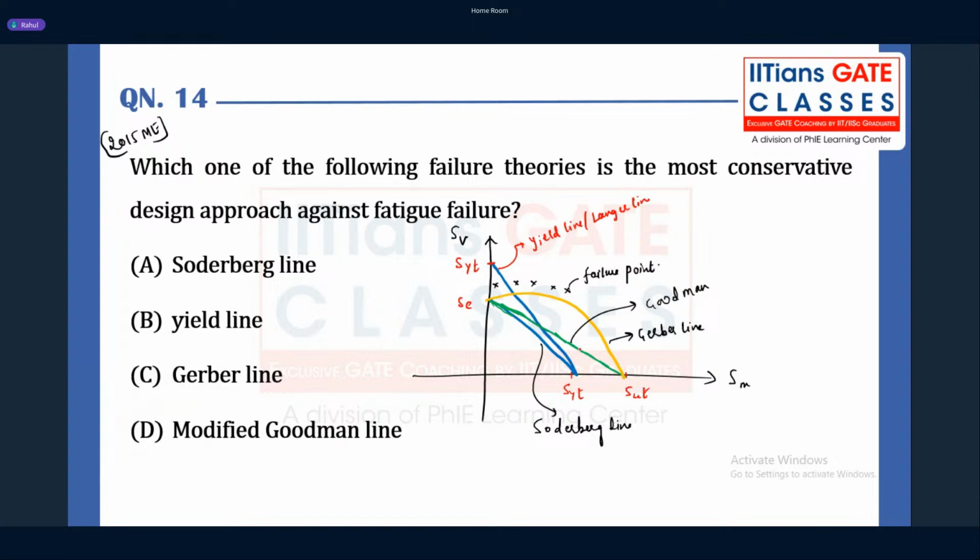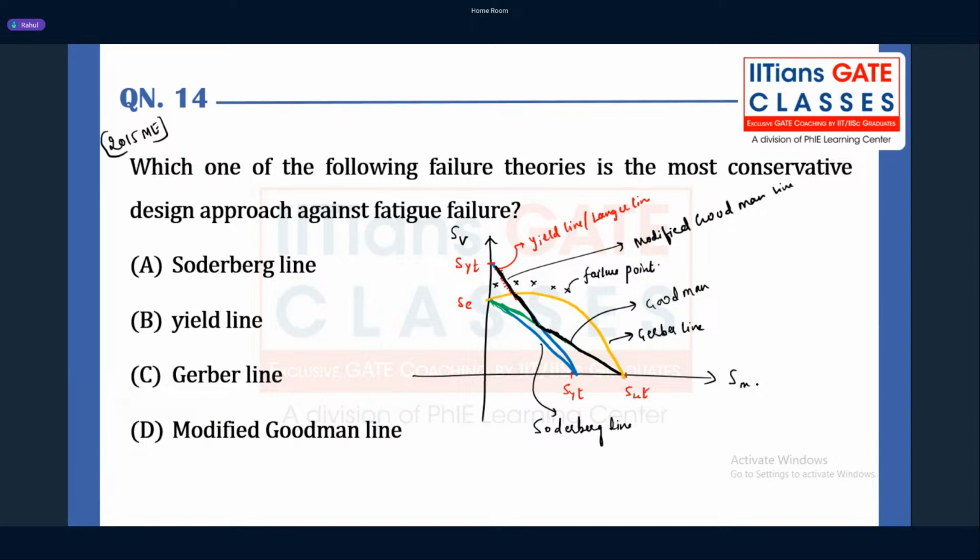Whatever the Goodman line, the green one and this blue one, I'm marking like this. Let's say I'm marking with the black color here. Whatever black color I'm marking here is nothing but the modified Goodman line.